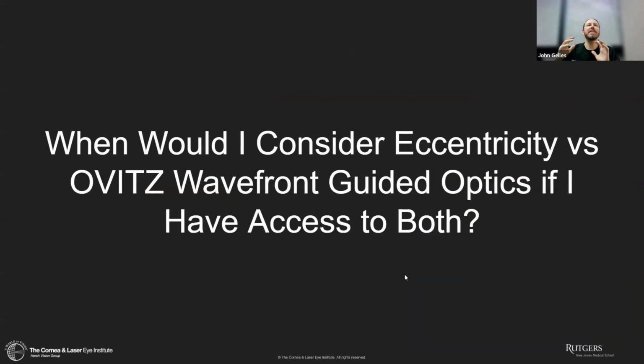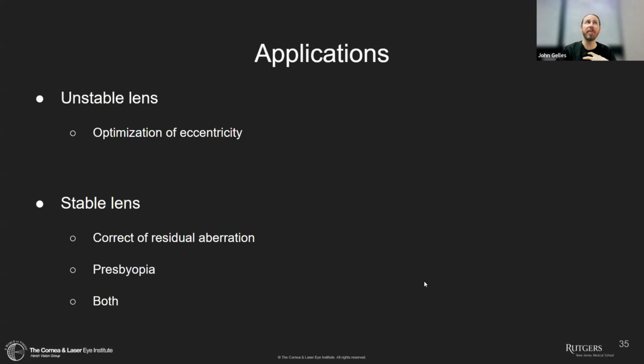Now, when would I consider using eccentricity versus totally customized wavefront guided optics from Ovitz if I have access to both? Well, I think of it like this. If I had an unstable lens, a lens that was going to rotate or translate or move, I would probably try to get it the best I can by using eccentricity, because I know that if the lens moves or rotates with the wavefront guided lens, I'm going to reduce the quality of vision further.